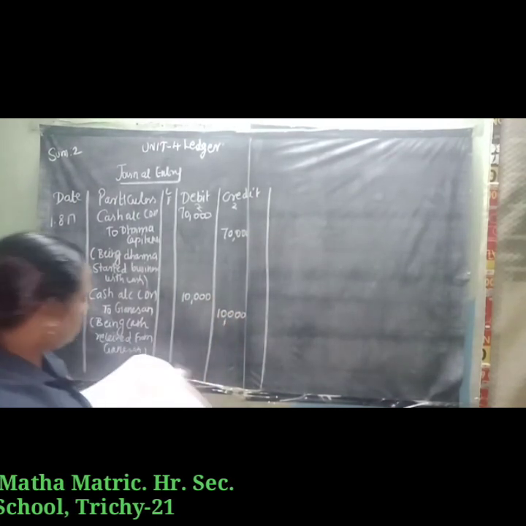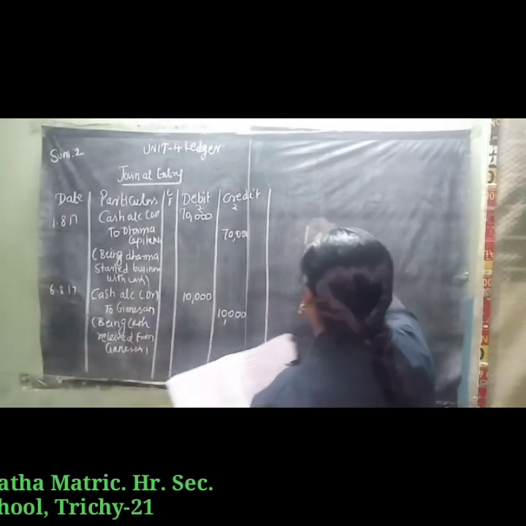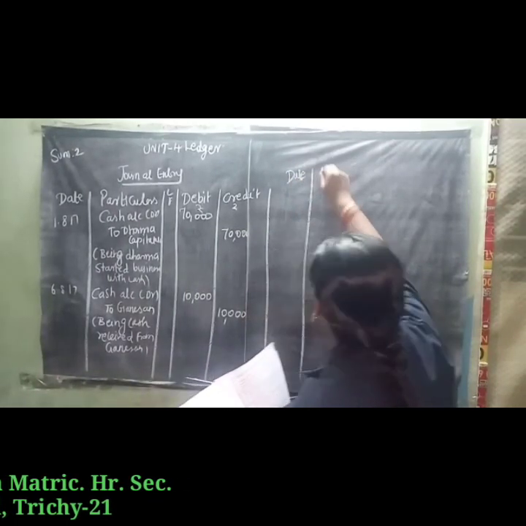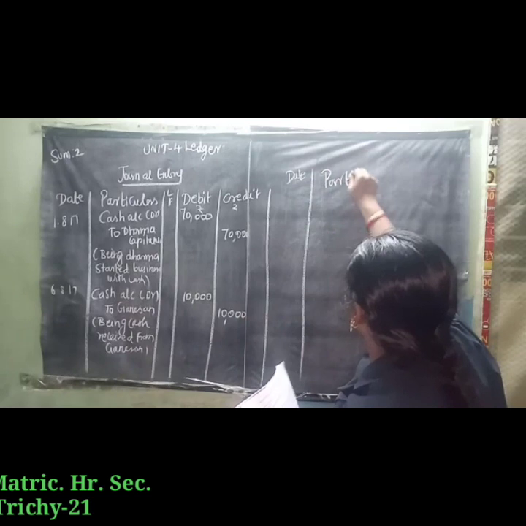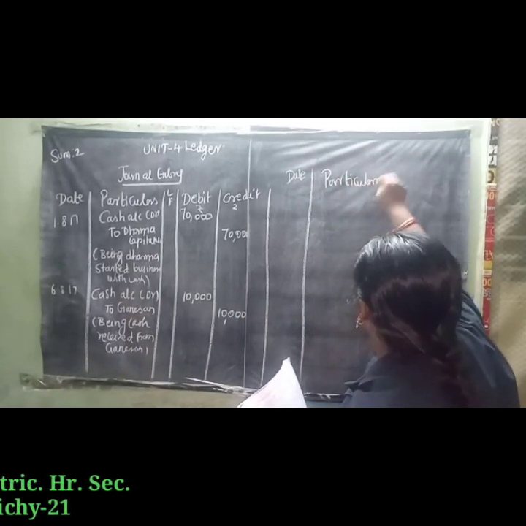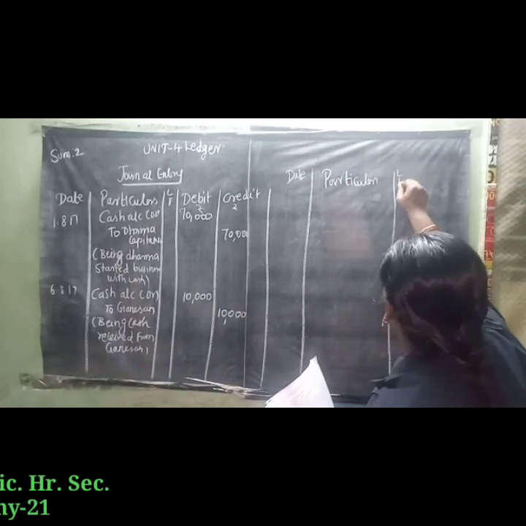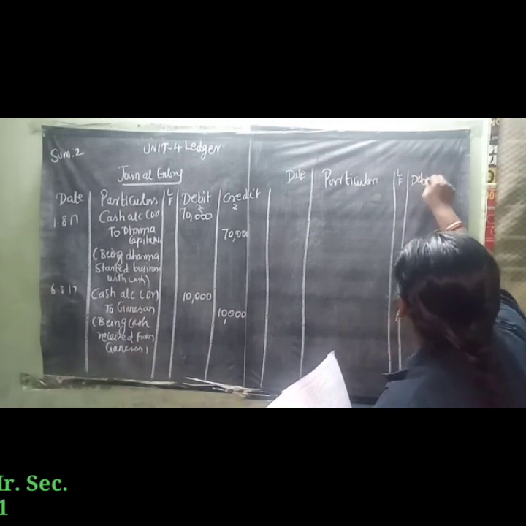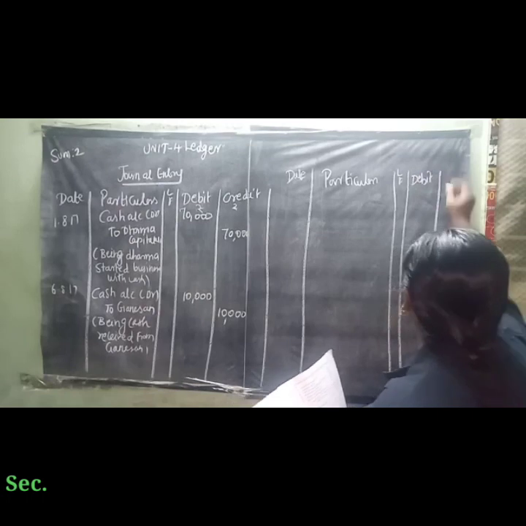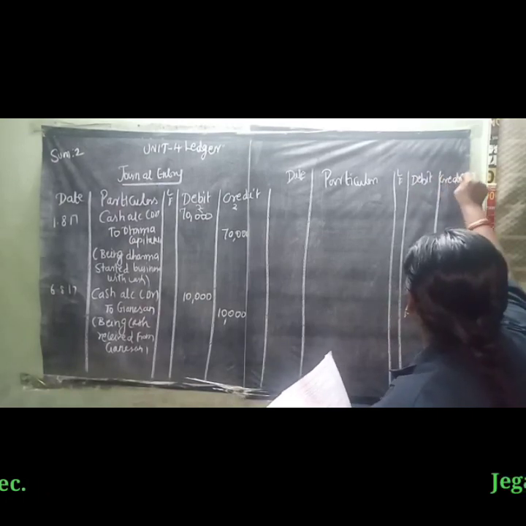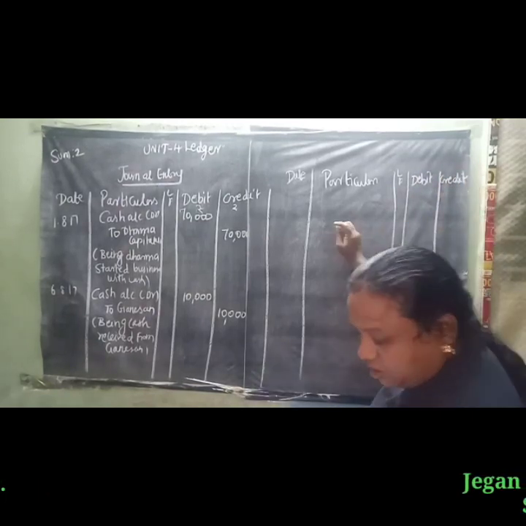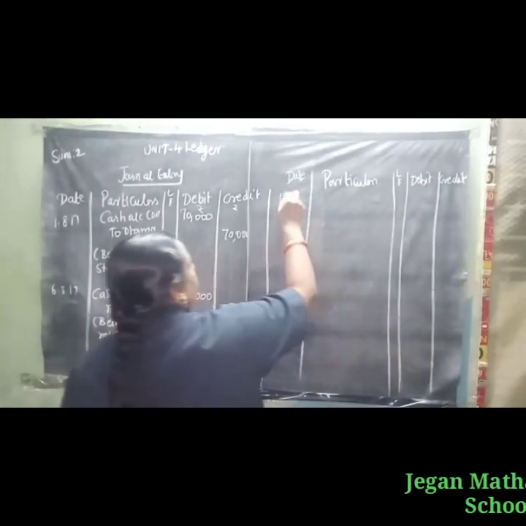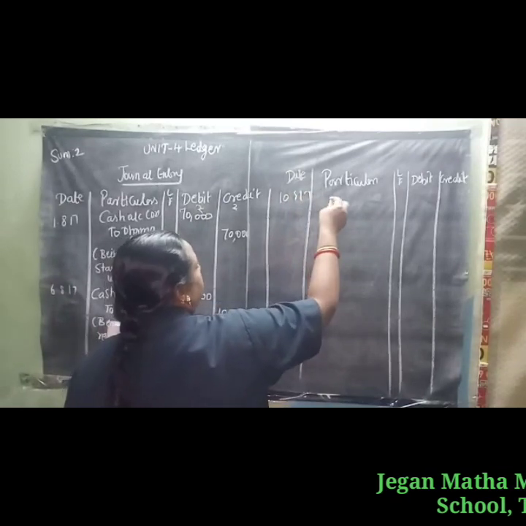Next date. Date, particulars, LF, debit and credit. 10/8/2017, rent paid.